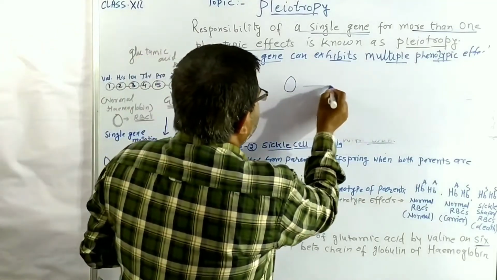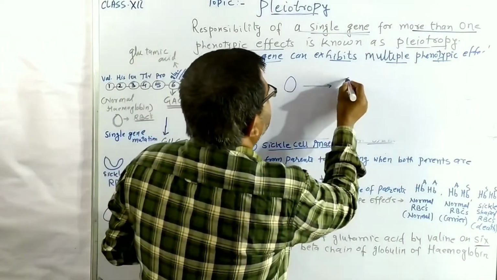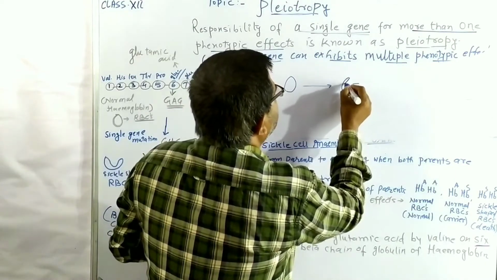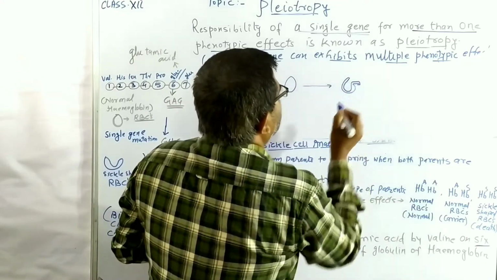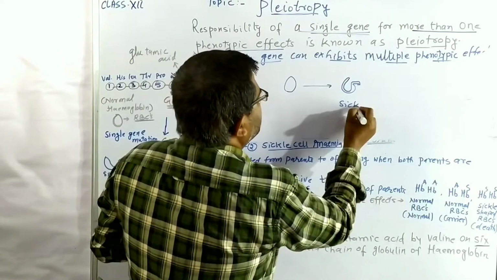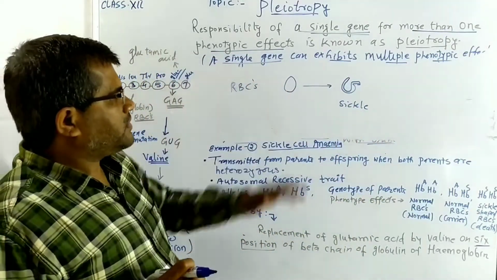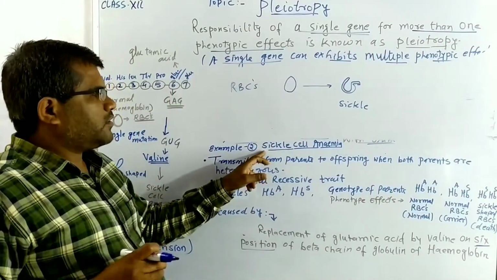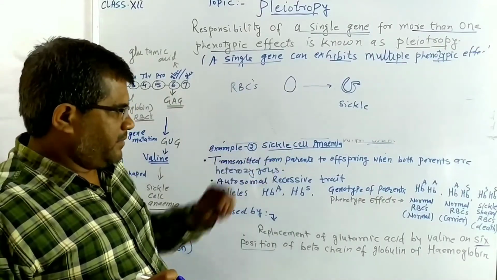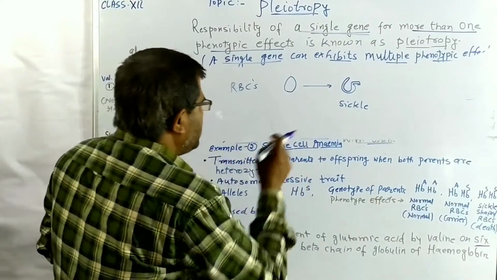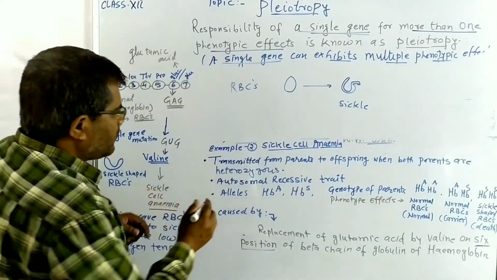But due to some change, the RBCs become sickle-like in structure. So if a normal RBC is changed into a sickle-like structure, this disorder is called sickle cell anemia.